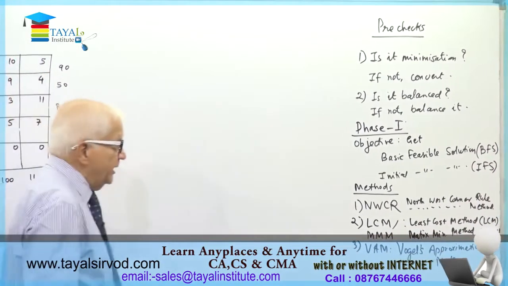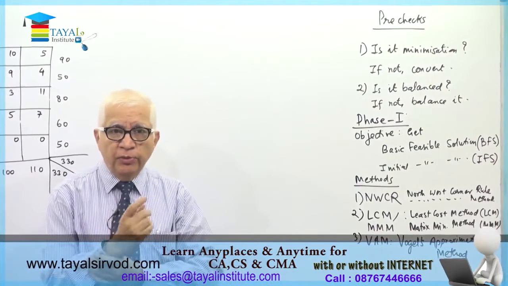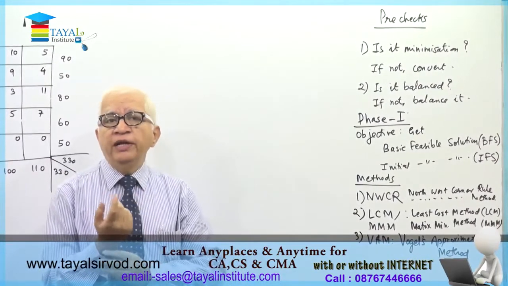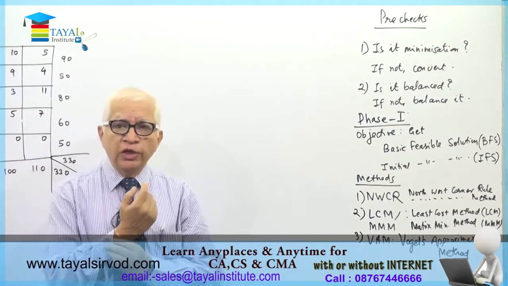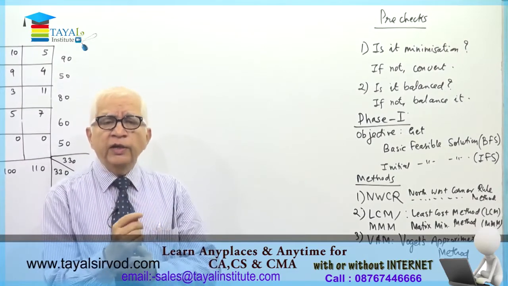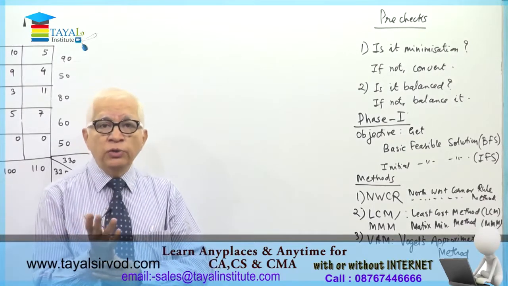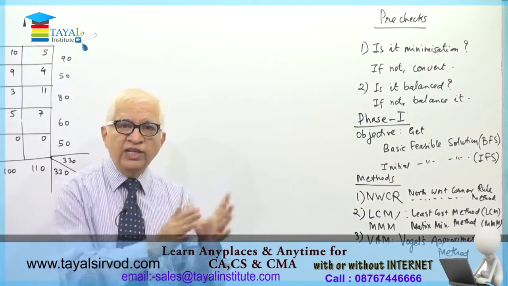So the procedure is like this. While solving a transportation problem, any transportation problem for that matter, we must obtain IFS or BFS. Which method do we use? We can use any one of the 3 methods. And what does this do? It gives only a solution, which is nothing but a starting point for phase 2. So phase 2 starts where phase 1 ends.